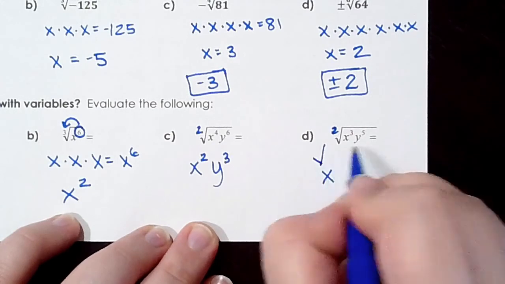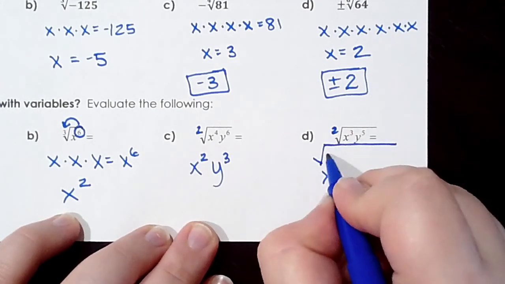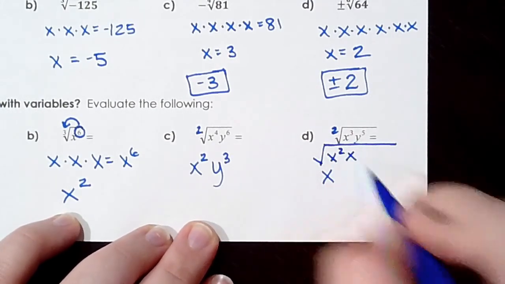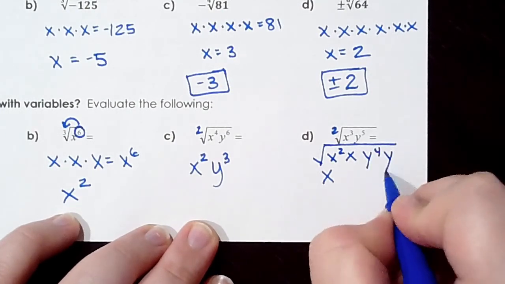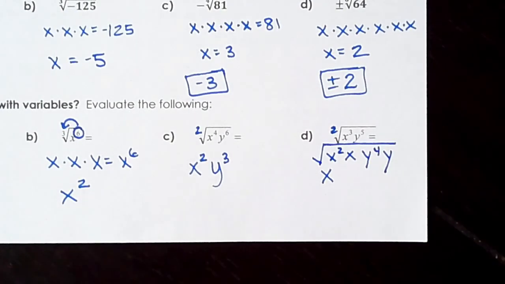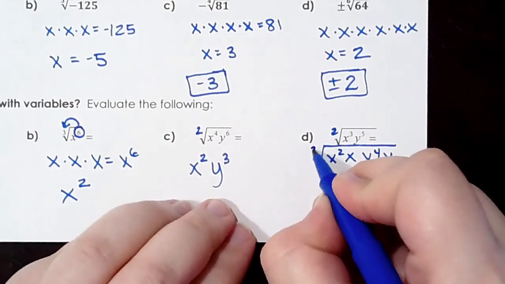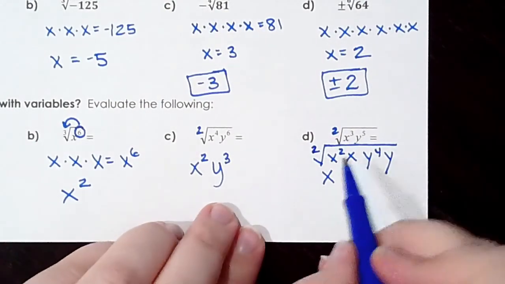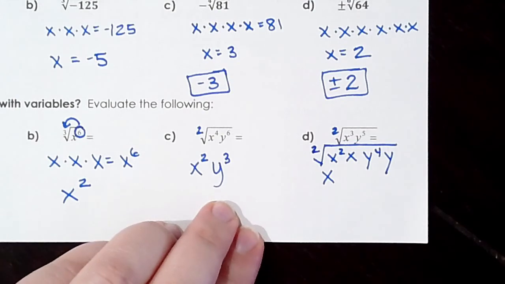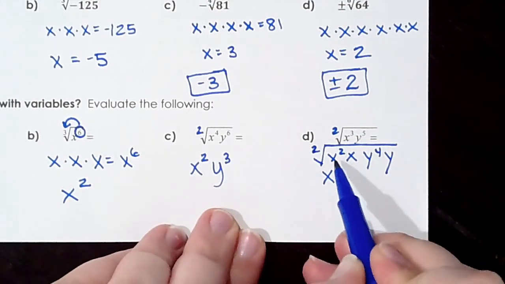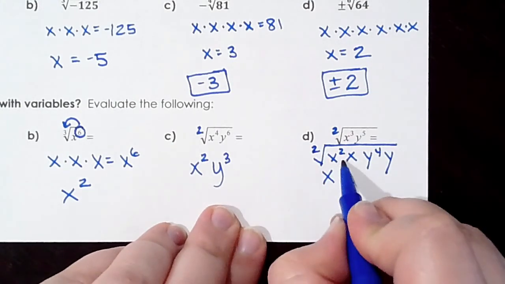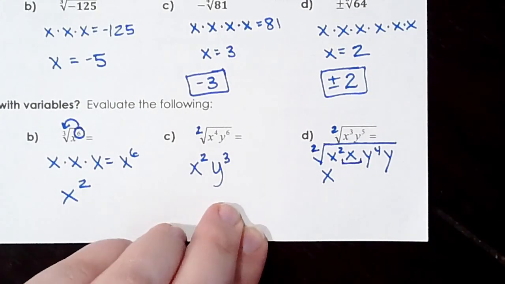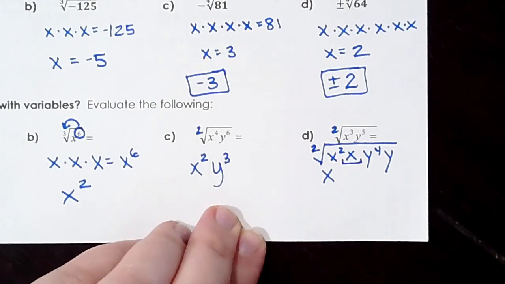I can rewrite this inner piece as x squared x, and I'm even going to rewrite the y's at this point, y to the fourth y. Why did I do that, though? Well, because if I rewrite it with even numbers, specifically even numbers divisible by 2 here, nicely, x squared divided by x, I have an x that I can pull out. Now, there's still one inside. We'll deal with that in a minute, but this is what comes to the outside.